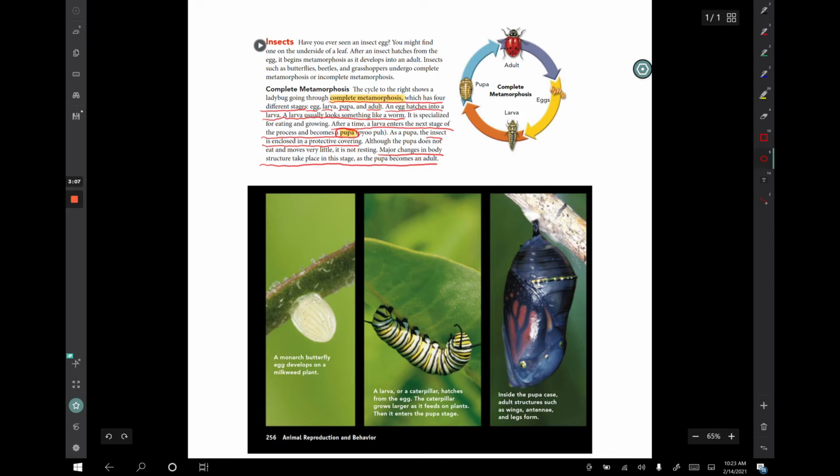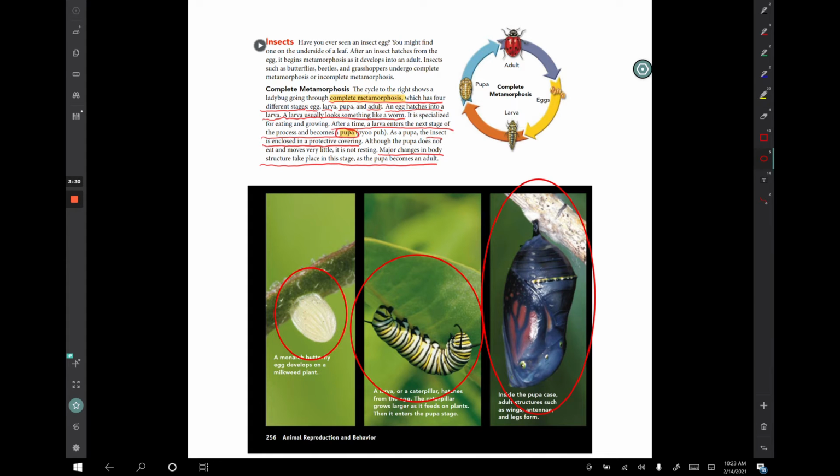So at the bottom here, we see the egg stage for the monarch butterfly. This would be the larval stage of the monarch butterfly. Here is the pupa stage as it's in its chrysalis. And on the next page, you can see it fully emerges as the butterfly, as we'll go over in just a second.